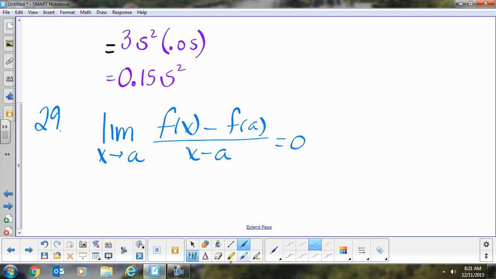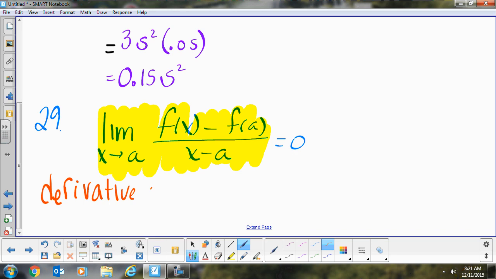First of all, before we go any further, what is this? Okay, so this is the derivative of function f, correct? At what? X equal a. Okay.